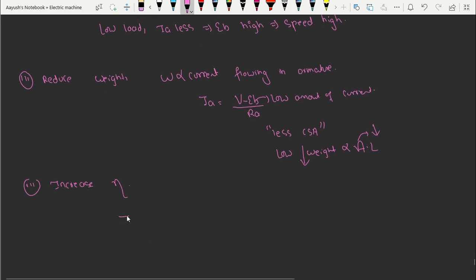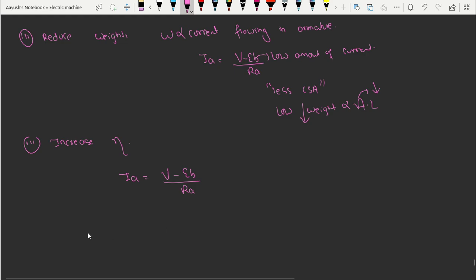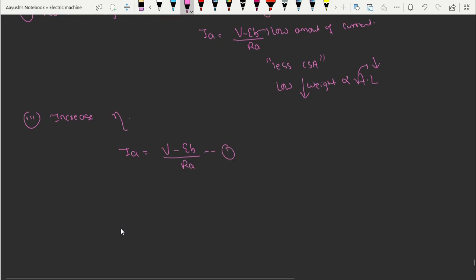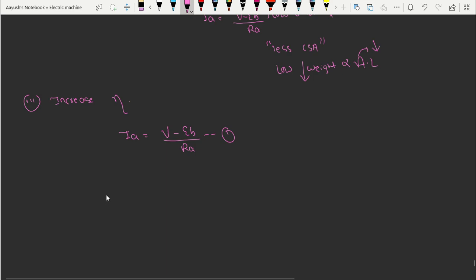And this is how I am going to tell you, and this is IA equals V minus EB upon RA. This is a basic equation, and when you look at the diagram of the shunt motor, you can see that there is voltage loss in the armature, and that is equal to IA squared times RA.